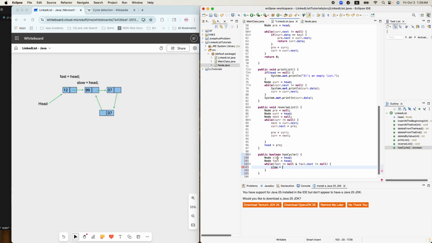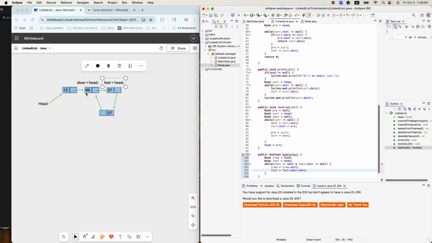So we had the slow pointing to head, now it says slow equals to slow.next. So now the slow is here, and fast, it has to jump 2 nodes forward, it has to come here. So we say that fast equals to fast.next.